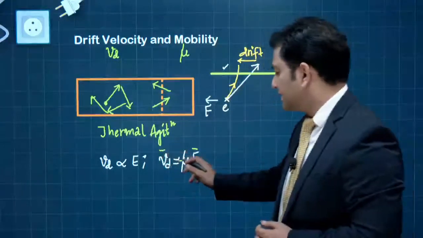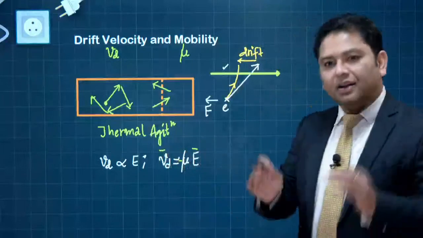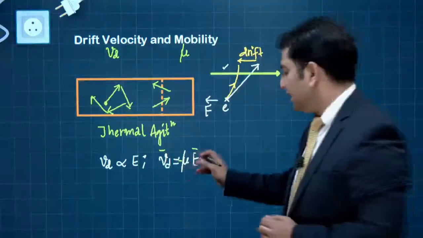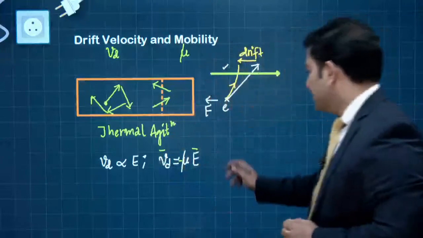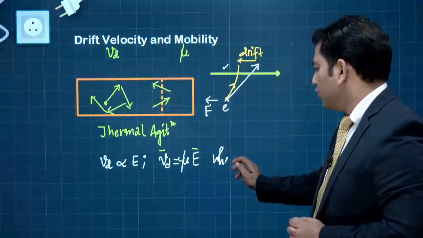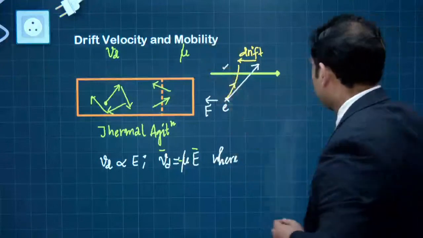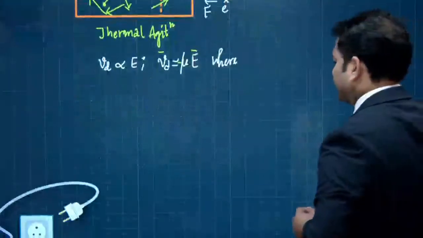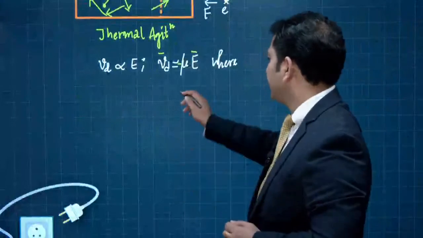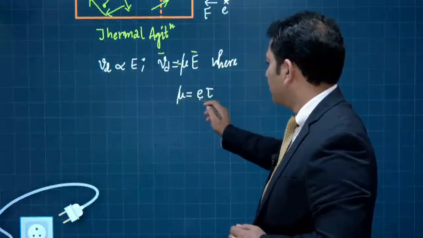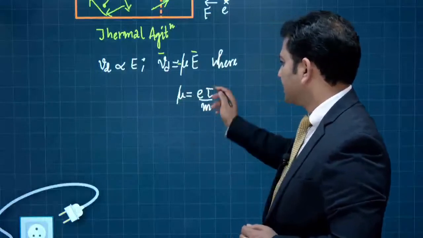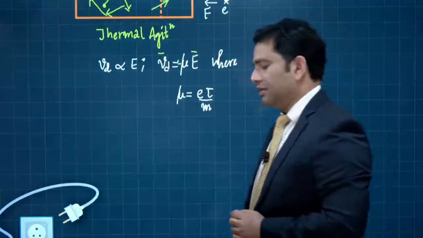Vd vector is minus of mu times E, indicating that the electric field and drift velocity will be opposite. Where mu, we've already said, that's the mobility. And if I just want to put the value of mobility, that mobility is equal to e tau divided by m. Now, this is also very, very important.